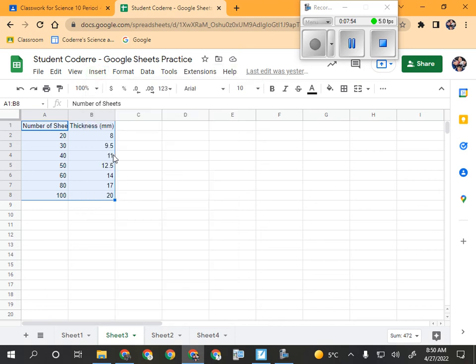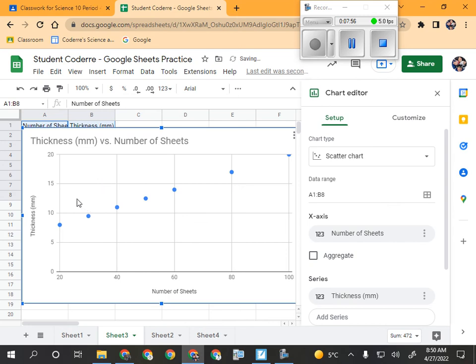At this point, Google Sheets tries to figure out what type of chart will be best for your data. In this case, it should have picked a scatter plot. That's what this is. It shows the points scattered about the plot area. Did anyone get anything other than the scatter plot when they did what I just did?